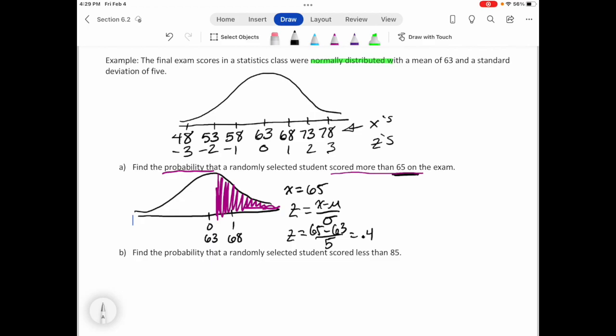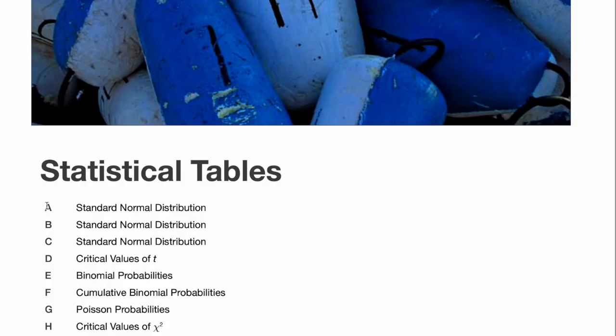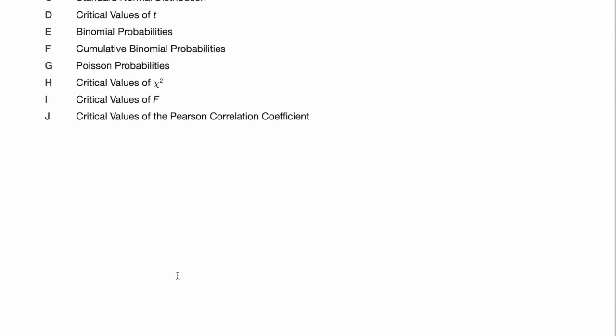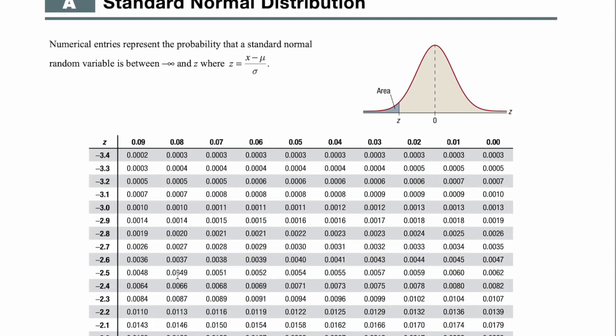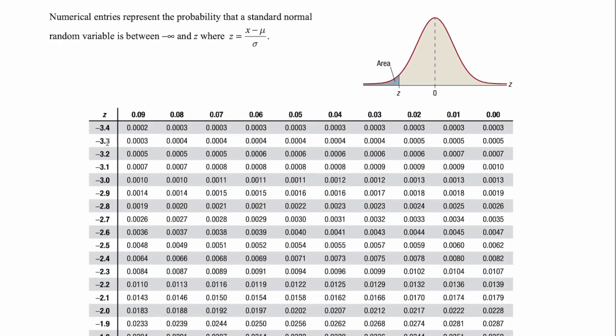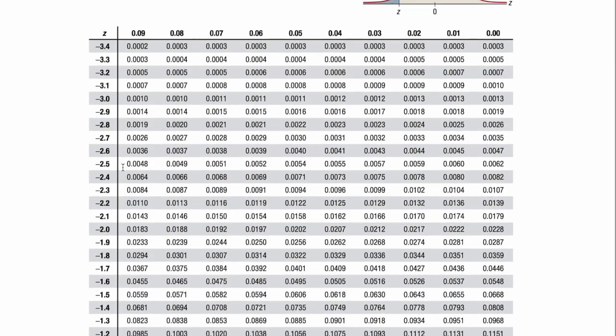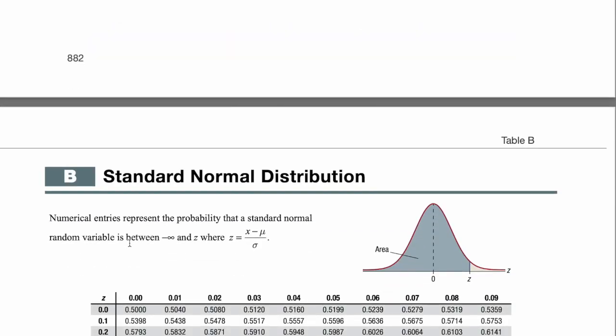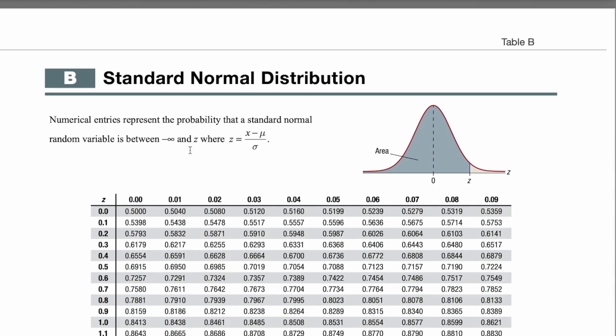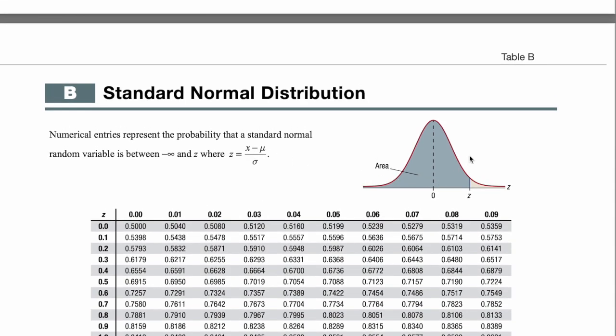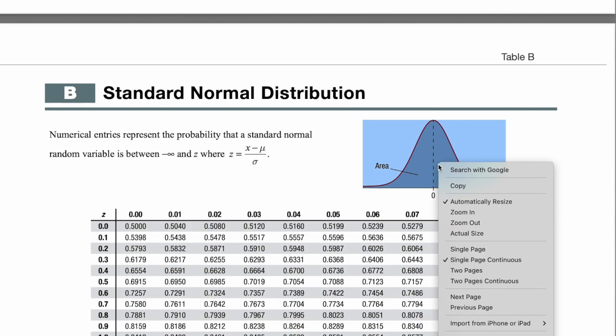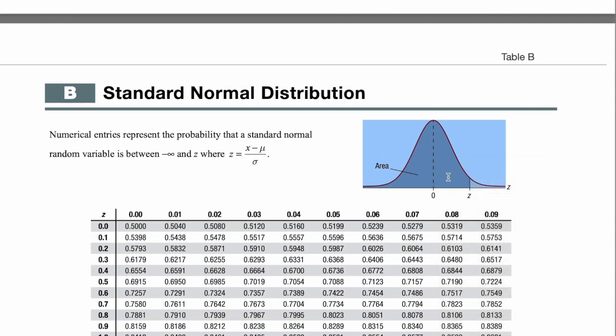So now what we're going to do is look up Z equals 0.4 on our table. For these problems, we're going to use A and B. If you scroll down here, table A gives us our values of Z that are negative, and table B gives us our positive values of Z. I also want to point out that if you look at the picture given in this table, it shows you that the area to the left of Z is what's shaded.